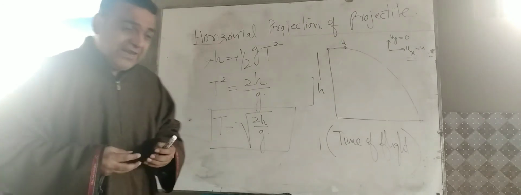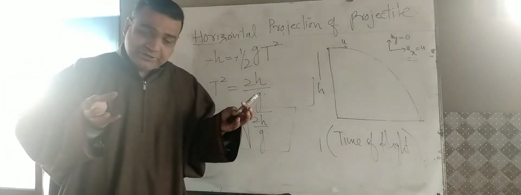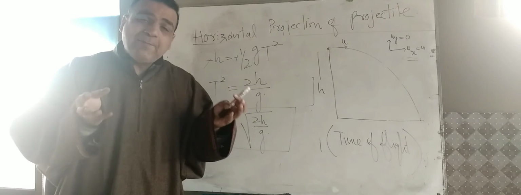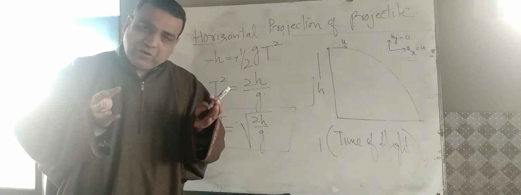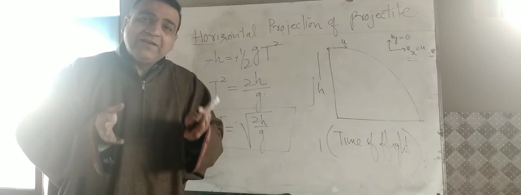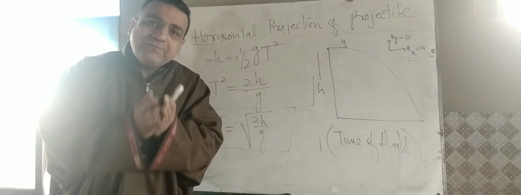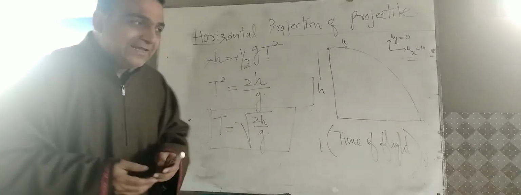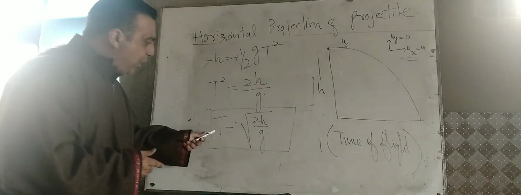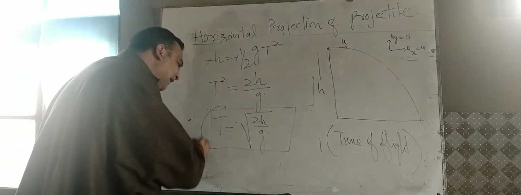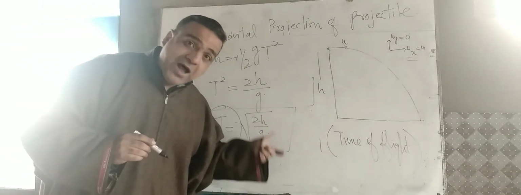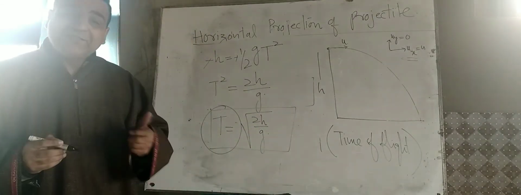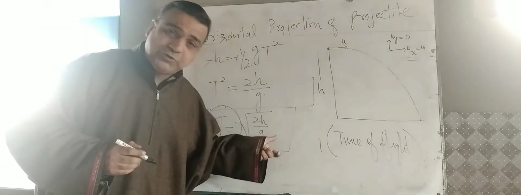That means if I have two bodies projected from the same height with the same initial velocity, they will reach the ground at the same instant of time. This is what it means, because the time of flight is independent of the mass of the projectile. It does not depend on the mass of the projectile.